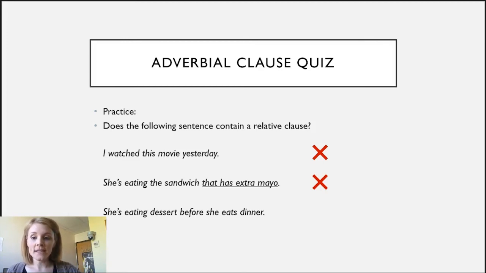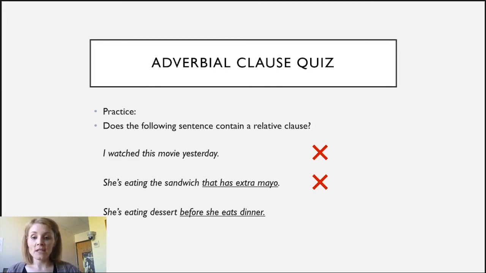Our last sentence, "She's eating dessert before she eats dinner." We have the main verb eating and the main verb eats. So we have two main verbs, so this is a complex sentence. Our subordinate clause is "before she eats dinner." And "before she eats dinner" is modifying the first verb, eating, right?